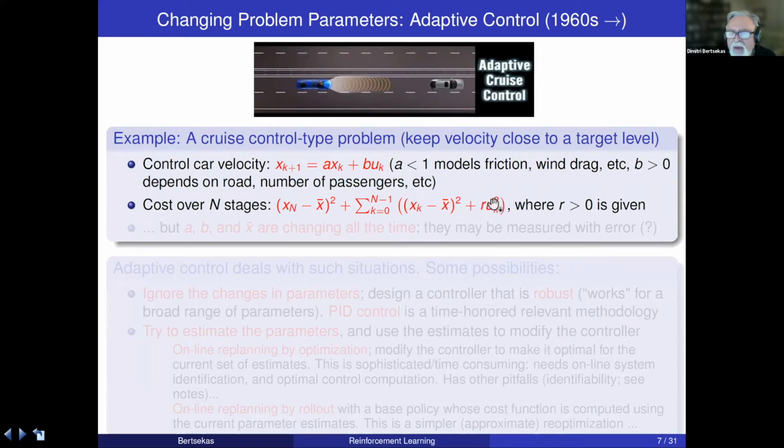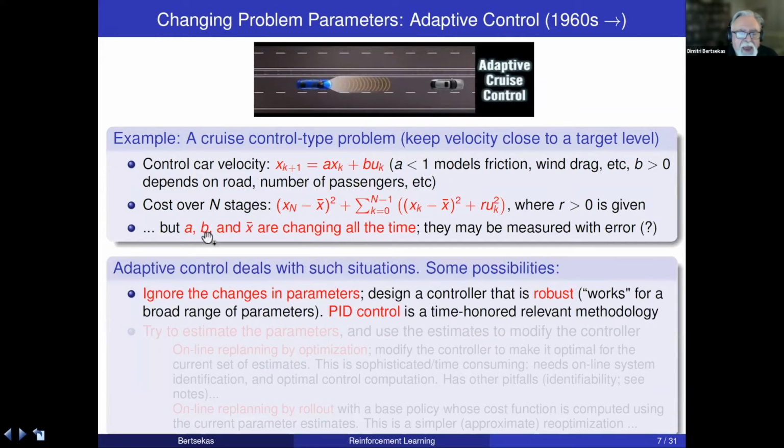Both because we have a limited amount of control and also because it leads to a more smoothly functioning system. R here is some positive parameter. On the other hand, a and b change, and also x bar changes. x bar, the target velocity. Sometimes you want to go faster, sometimes slower. You have to change x bar.